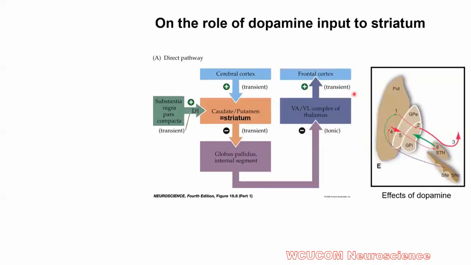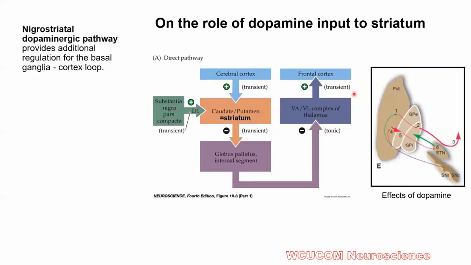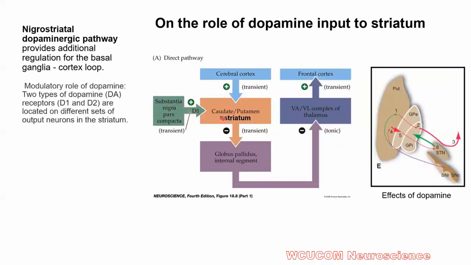On the role of dopamine in the striatum, we can say the following. The nigrostriatal dopaminergic pathway, of course, from pars compacta is the main source. It is feeding into striatum.